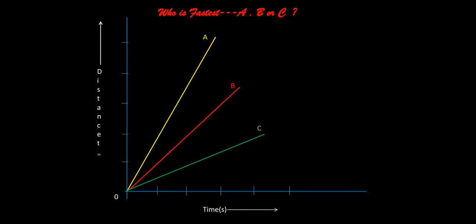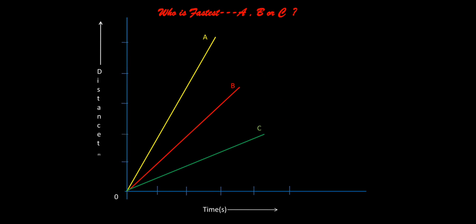Now if you see these 3 lines A, B, C, they have different slopes. Slope means their steepness, their inclination from the horizontal direction. More inclination, the faster that object is.